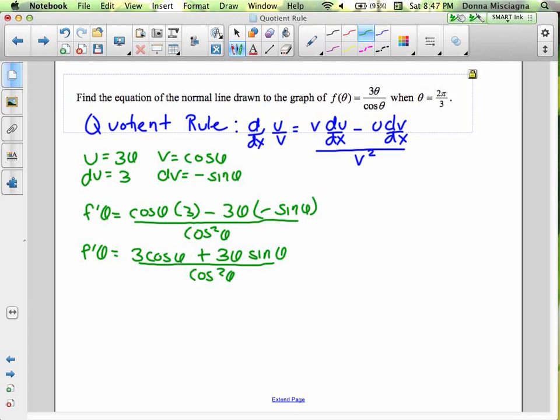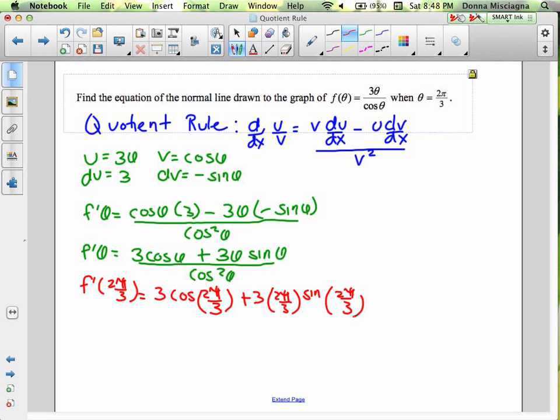All right, so now let's find our slope. Well, second of all, we found our derivative. So f prime of 2 pi thirds is going to be 3 cosine 2 pi thirds plus 3 times 2 pi thirds sine 2 pi thirds, over cosine 2 pi thirds all squared, because that's what that means.